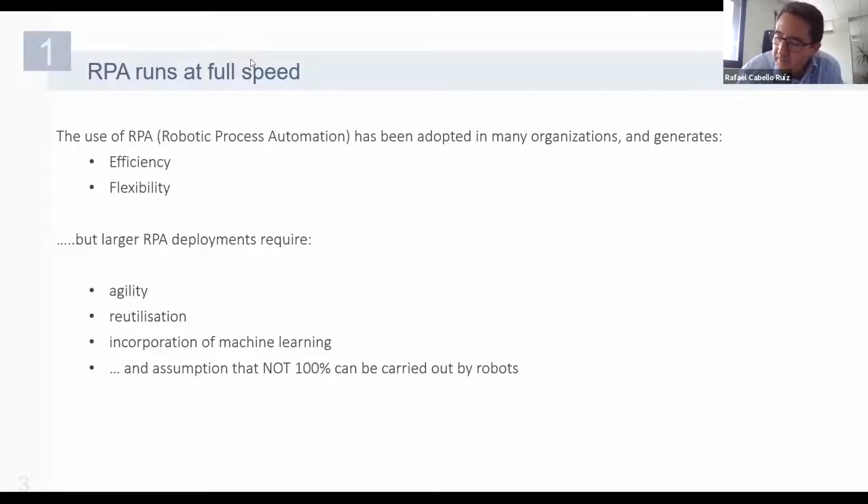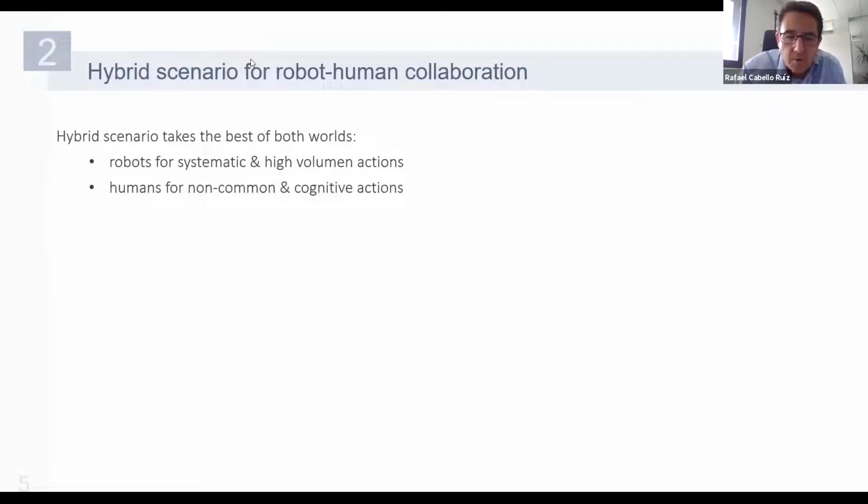Very important, we have to assume that not everything must or can be done by robots. So you must put the human in the real loop of the process. The best scenario is a hybrid scenario, robot and human, a real hybrid scenario, taking the best of both worlds.